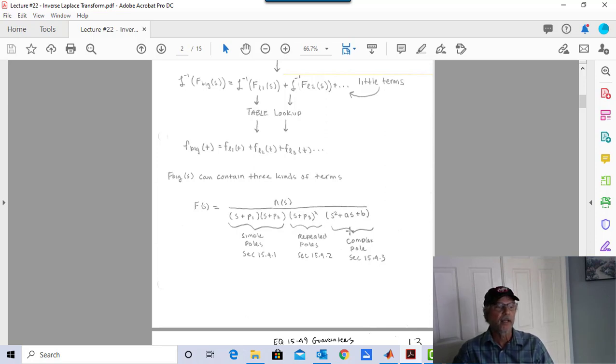And then finally, we're going to have complex poles. Now, the difference between this expression and maybe two of these multiplied together is that this expression has complex roots. If we were to plot the roots for this expression on the complex axis, we would have a negative real part, and then we'd have these conjugate imaginary parts.